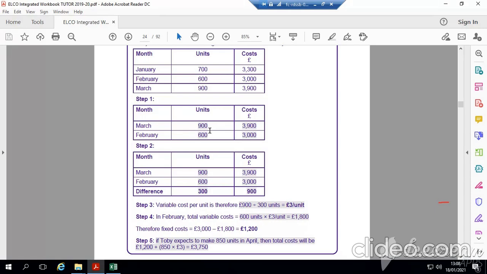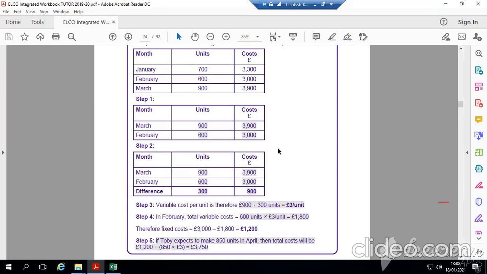Fixed cost is going to be the same no matter whether you're making 900 or 600, but variable cost is going to change based on the level of activity. If it goes up, the cost goes up. If it goes down, then the cost goes down too.